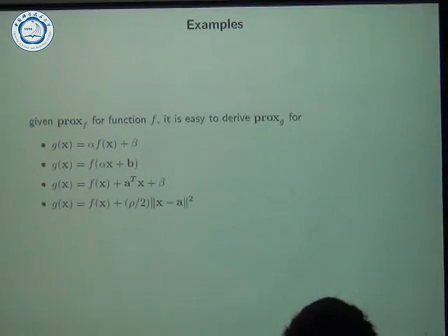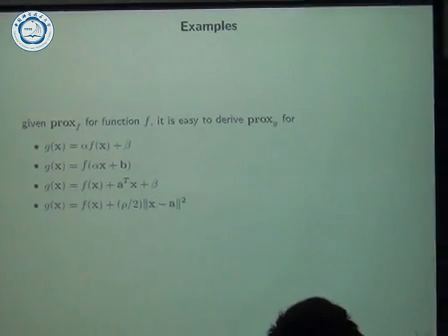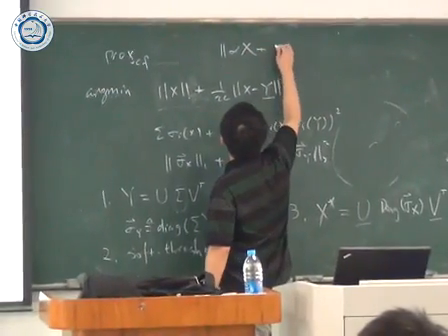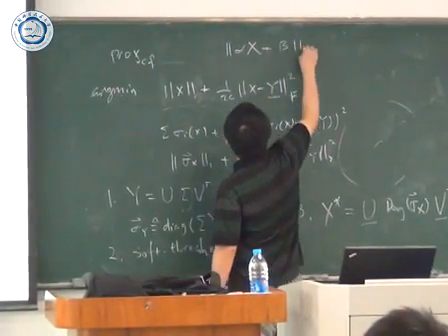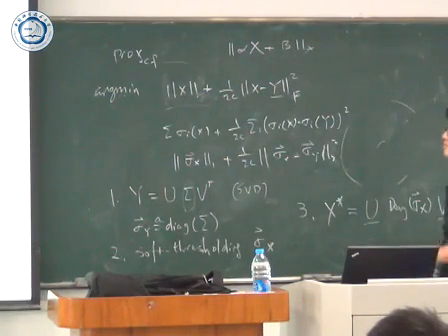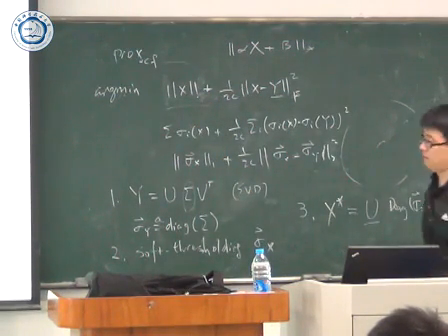Some basic stuff. In other words, if I ask you to do the proximal operator of, say, alpha times x plus a constant matrix B, you should be able to do it. It doesn't make any difference.